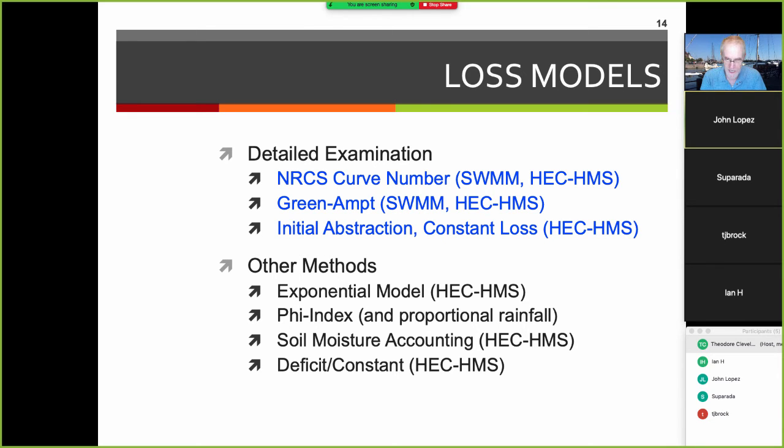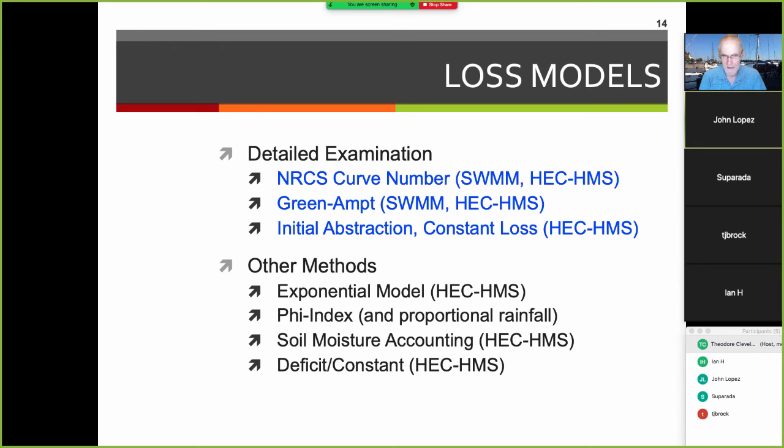I've identified the 2 computer programs I selected for this class that contain the various models. So one of them is an NRCS curve number model, which is not really a loss model. It's actually a runoff generation model, but if you subtract the runoff signal from the rainfall signal, what's left over had to be lost. So I guess it is kind of a loss model.